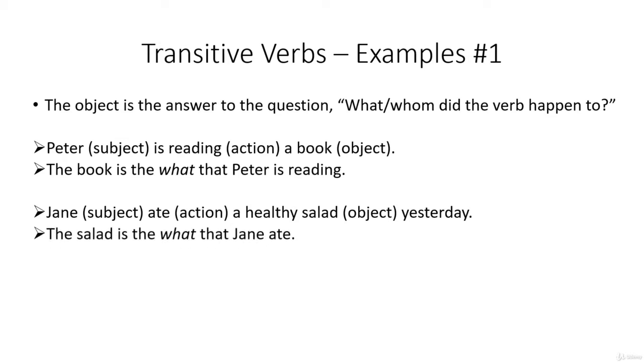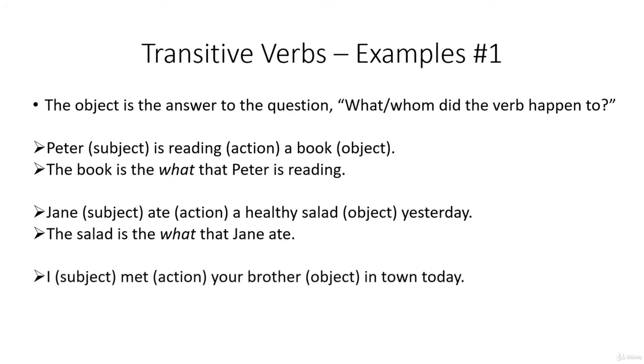The salad is the what that Jane ate. Or I met your brother in town today. Your brother is the whom I met today. And these are sensible questions and have sensible answers. So that's why it's a transitive verb, because it has an object.